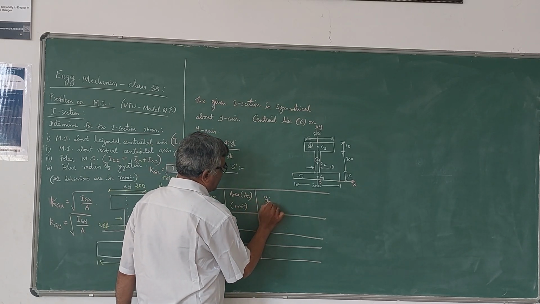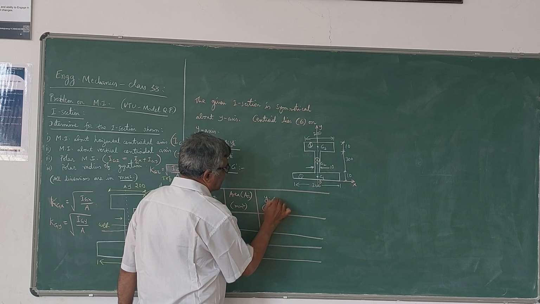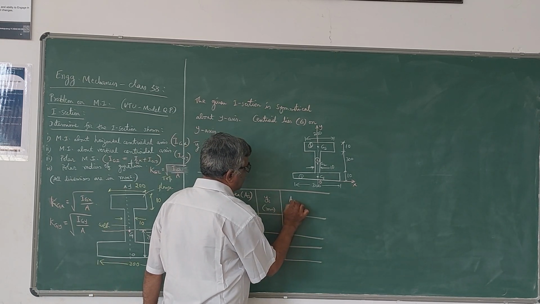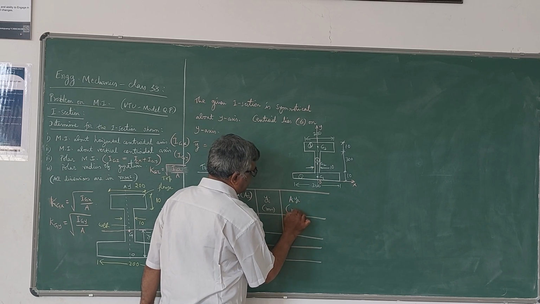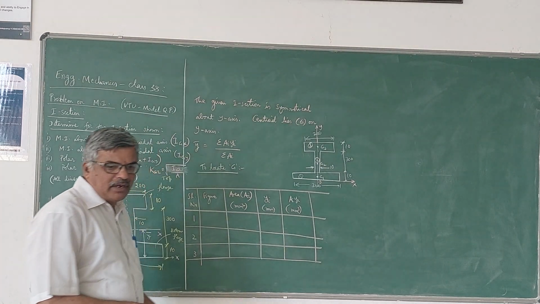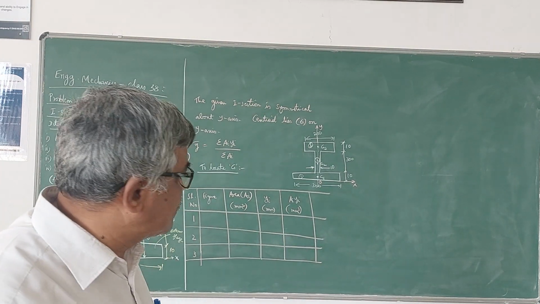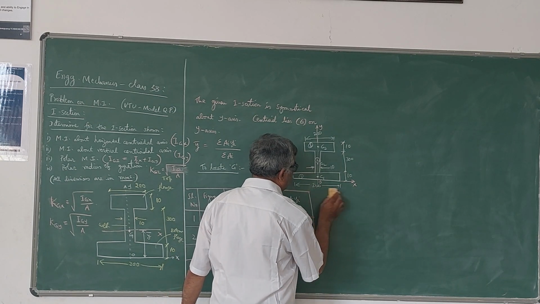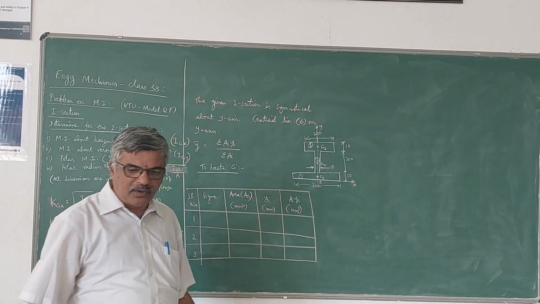Then I need only the yi value, since the section is symmetrical about the y-axis. Then the product Ai yi, which will be in millimeter cube, since area is millimeter square and yi is in millimeters. These are the values I need to compute y bar. So let us do that.